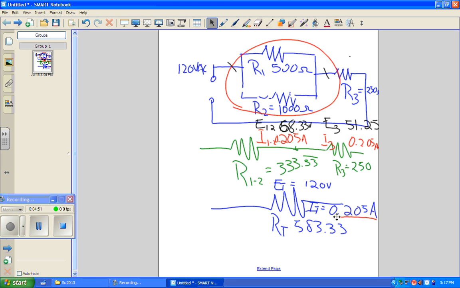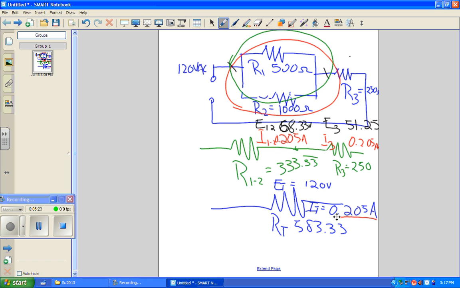Now we have one more simplification to go back to. I want you to notice that this right here is our totals for that parallel branch, right? Now, out of that parallel branch, what number do we want to take up here? Voltage, because voltage is constant in parallel.